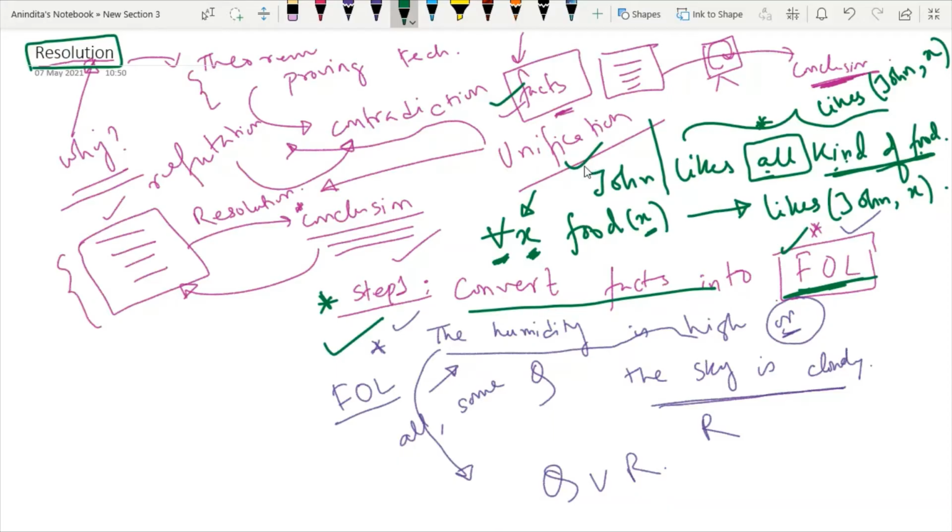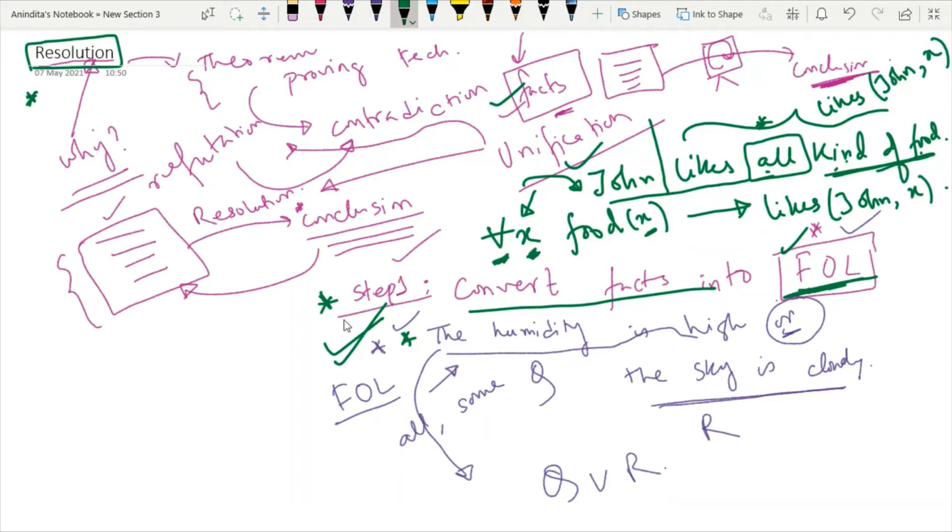However, today, I will only consider this kind of conversion because whenever we want to apply the resolution algorithm on this kind of statements, then we have to further subdivide this algorithm in some steps. So today I will only consider the part 1, that whenever we have this simple kind of representation. So this is your step 1.